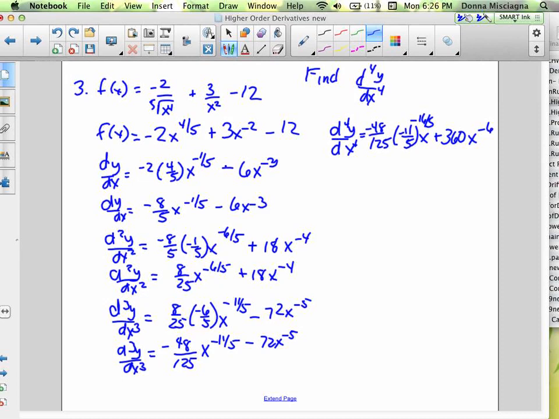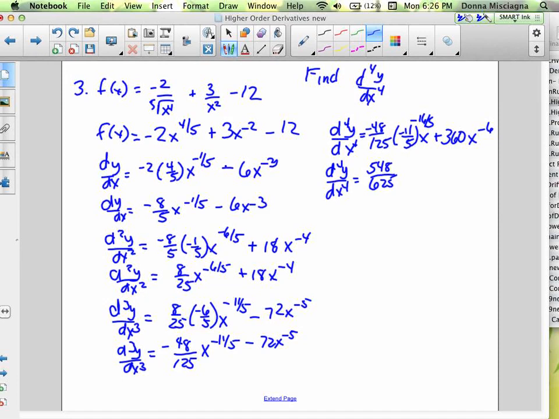All right, let's simplify this. So d4y over dx4 equals, so that's going to be 480 plus another 48. So that's going to be 548. So positive 548/625. Maybe I should grab a calculator just to make sure. So I did that in my head pretty quick. All right, so 48 times 11.